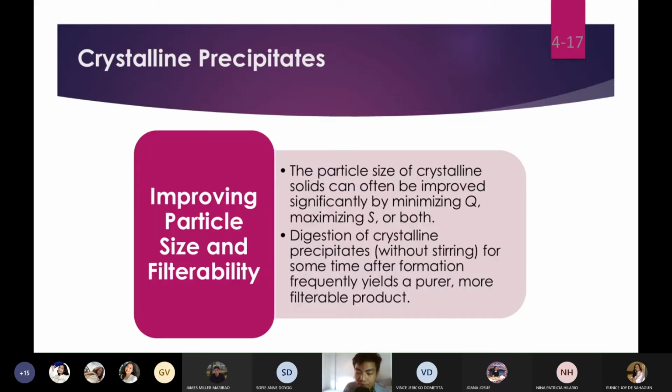Okay? So, ganun lang. So, damihan mo yung solutes mo, pababain mo yung solubility mo, yung KSP. So, tataas yung particle size mo. Mas marami kang makukuha na filtrates na. Okay. So, yan lang.